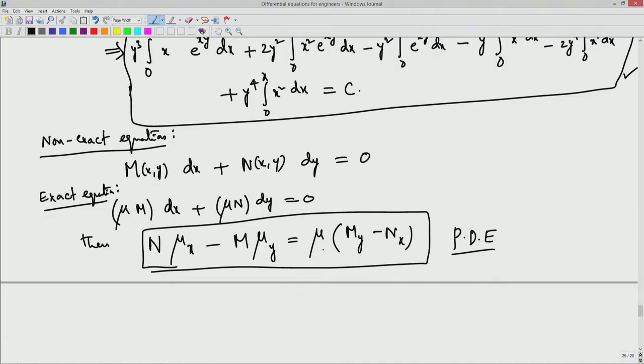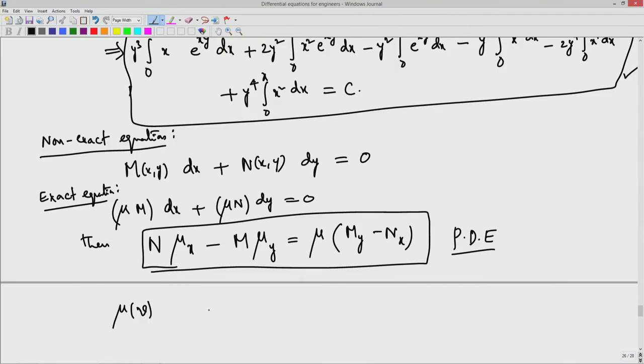So, if you want mu to be a function of x only, as a general thing we have done mu of v.